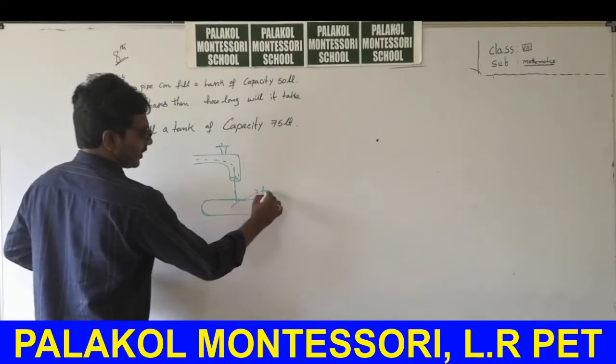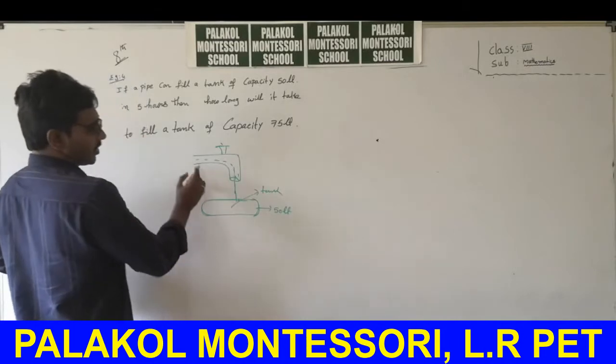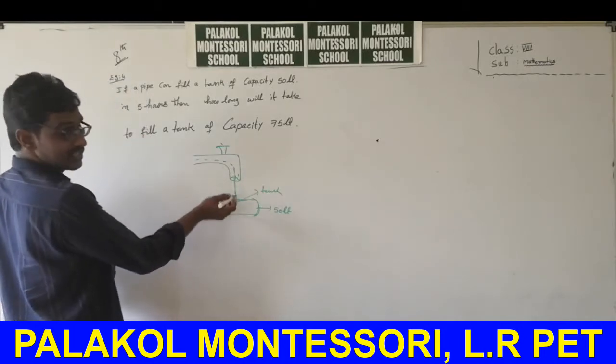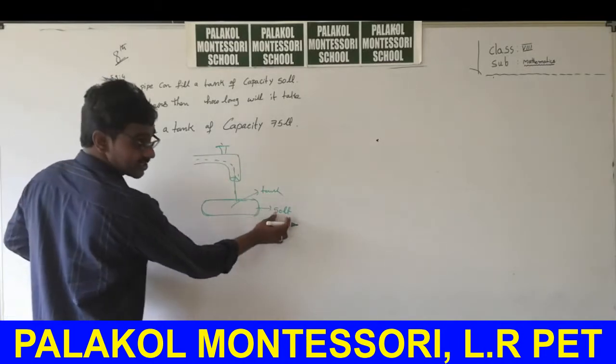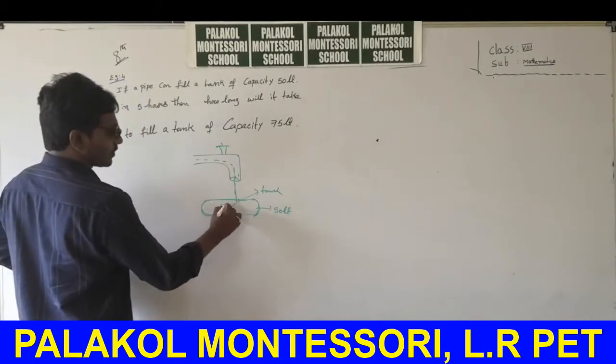This tank's capacity is 50 liters. So this pipe fills this tank of capacity 50 liters. How much time is taken? 5 hours.